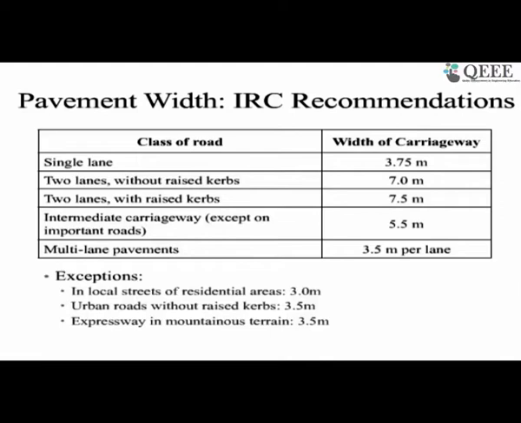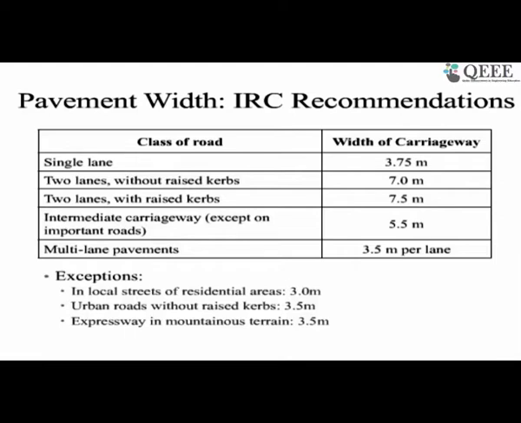So there is an exemption in case of local street or residential area, where this width can be considered as 3 meter. Urban road without raised curb is considered as 3.5 meter, and expressway in mountainous terrain is also considered as 3.5 meter, even though these are single lane.